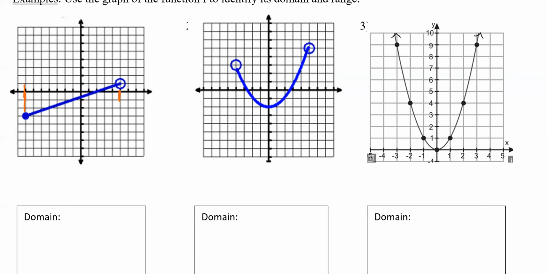So domain are like the walls. So the domain is from -7 to 5. All right, the -7 has a bracket on it because it is a closed circle. The 5 has a parenthesis because it has an open circle.